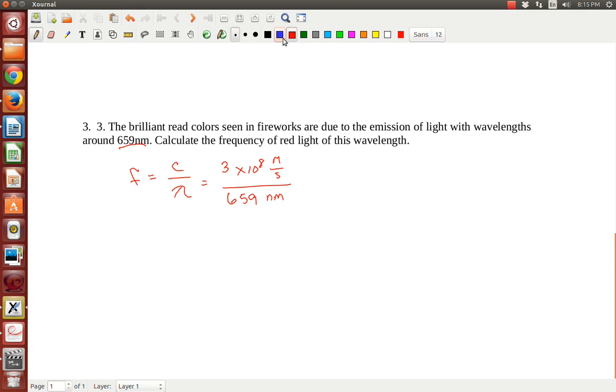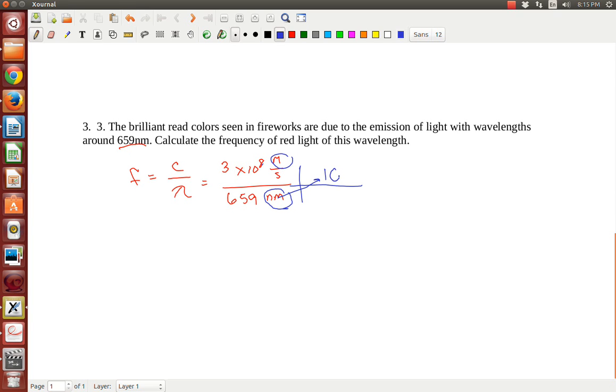Again, we have a problem. Houston, we have a problem. Okay, meters, nanometers. I need to get rid of the nanometers. In order to do that, I'm going to need to do my unit conversion in another format, my bridge notation. Nanometers in the bottom, it needs to be on the top.